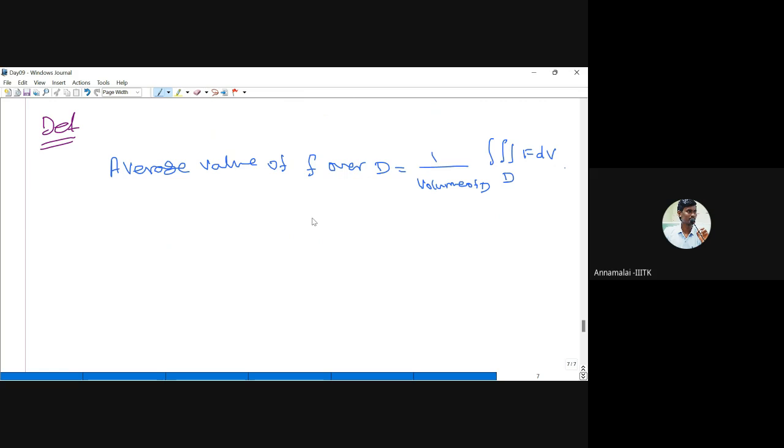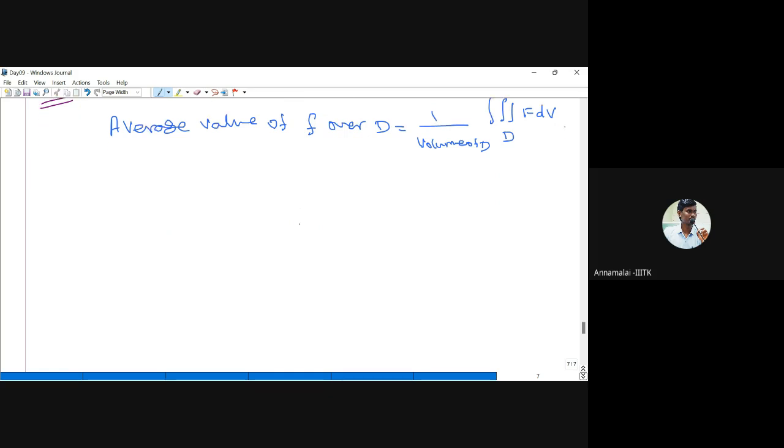Maybe I state that one definition, and then we can stop the class. So what do you mean by Jacobian of 2 functions? Okay, we have 2 functions. So definition. Suppose we have a transformation, x equal to a function of u and v.